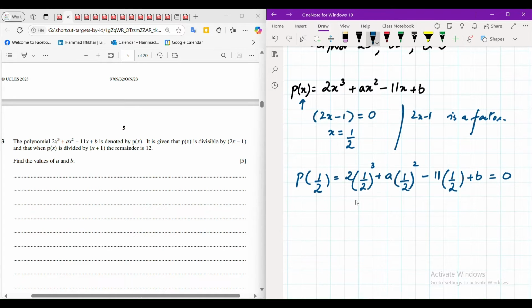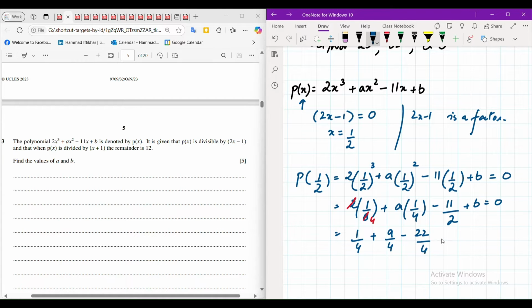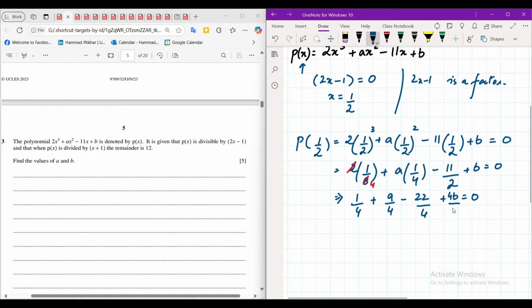Let's simplify this before we use the second condition. So 1 over 8 plus a times 1 over 4 minus 11 over 2 plus b equals 0. Making the denominators 4, this becomes 1 over 4 plus a over 4 minus 22 over 4 plus 4b over 4 equals 0.